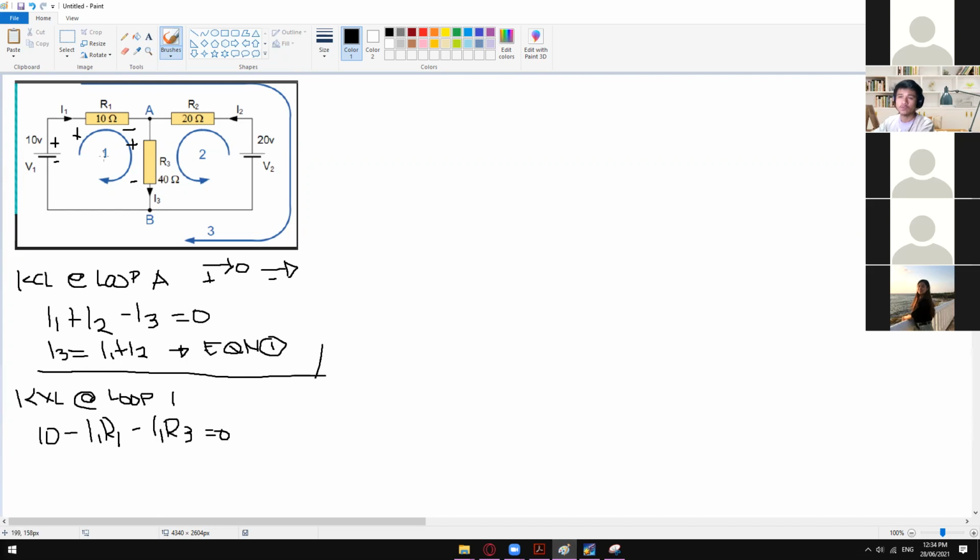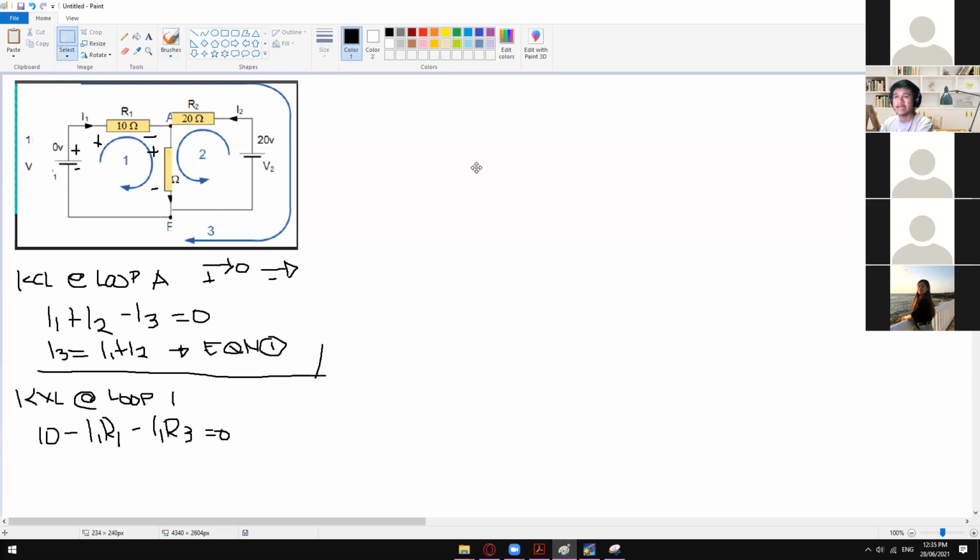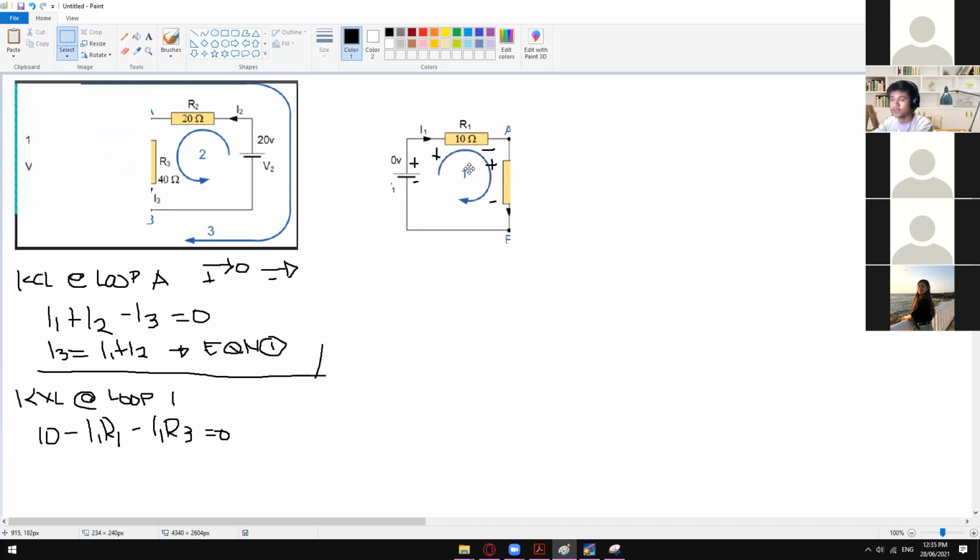When dealing with loops, especially in KVL, just consider this one loop right here. That's why I separated this one a while ago on the other side. So you can just focus on the left side part.